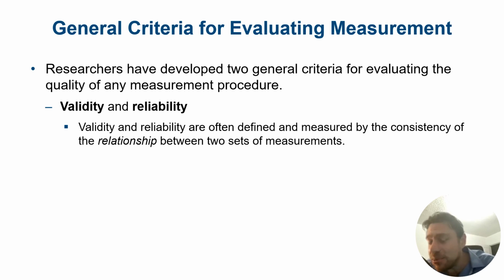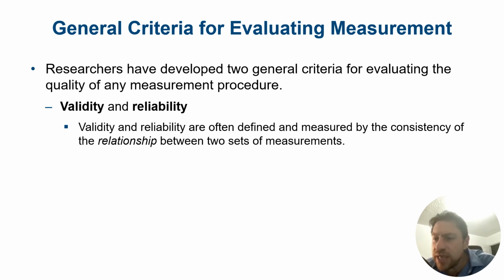They may not capture the construct in the correct or appropriate way. So then, how do we evaluate the quality of a measurement procedure? And it turns out there are really two criteria, which are the validity and the reliability of a measurement.